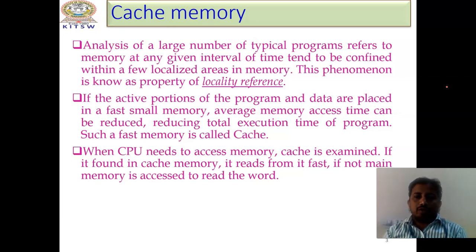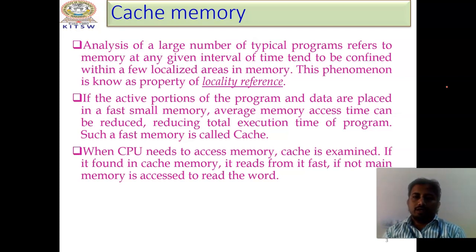And why we are going for the cache is nothing but, suppose every time referring to the main memory, which is a larger memory, is a slow process. Usually to reduce the searching time, we will be taking the data from the main memory and putting it in the cache.